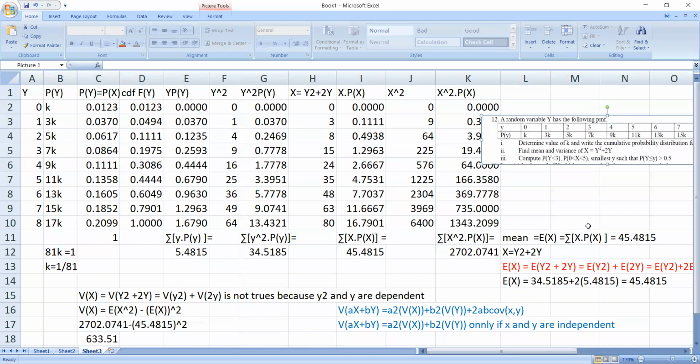Smallest y such that P of Y less than or equal to y is greater than 0.5. I have to look into the CDF. Yes, it's 6. Less than 3, the probability comes to 0.1111.